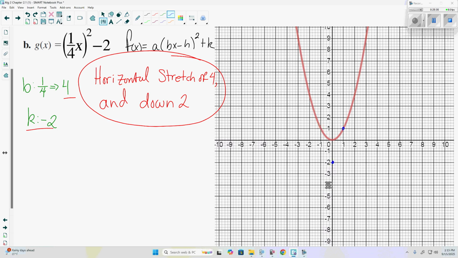But for us to be able to go the distance 1 up, from here we can't go over 1. We've got to go over 4. Because if we plug 4 into x, 1/4 times 4 is going to give us 1. 1 squared is 1, minus 2 is negative 1. And we get this here.